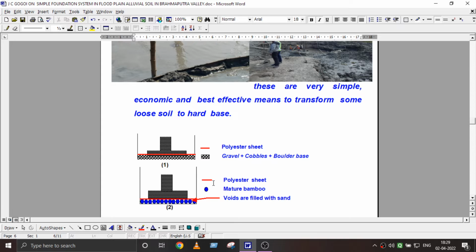During the 12th, 13th, 14th century, the kings of Ahom used some rock floors. Rock floor means a rectangular piece of rock placed on some loose soil. This was their original concept.